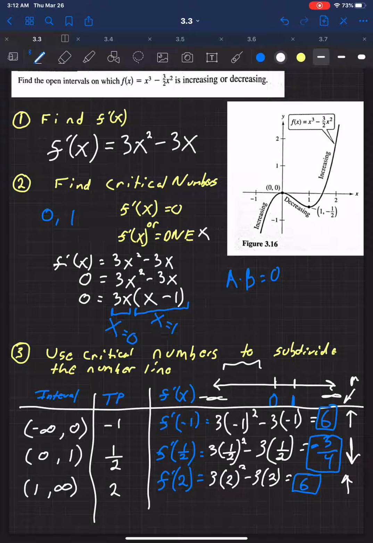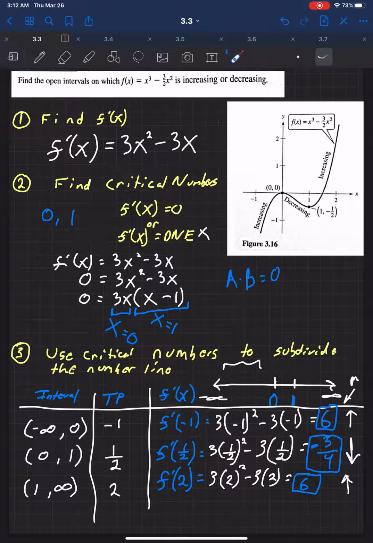Okay, now let's look at the graph. Let's start with negative infinity to 0. Notice from negative infinity all the way till you get to 0, your function is increasing the whole way.